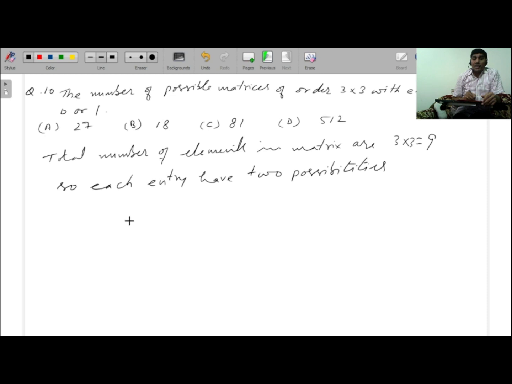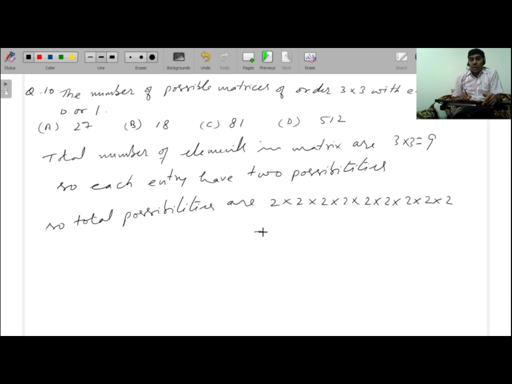So total possibilities are 2 into 2 into 2, nine times, that is 2 raised to power 9 is equal to 512. So D is our required answer.